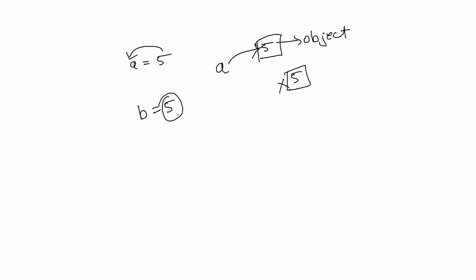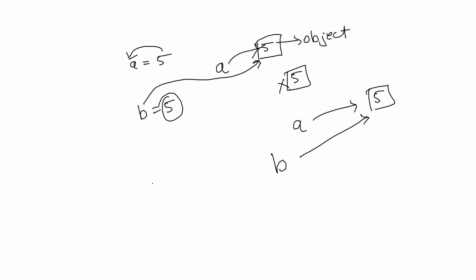So what happened is that the moment I write b is equal to 5, b is now pointing to this same 5 object. So now a is pointing to 5 and b is also pointing to 5. If I write b is equal to 10, then the 10 object is created inside memory, and b is now pointing to this 10 object and not to 5 anymore.